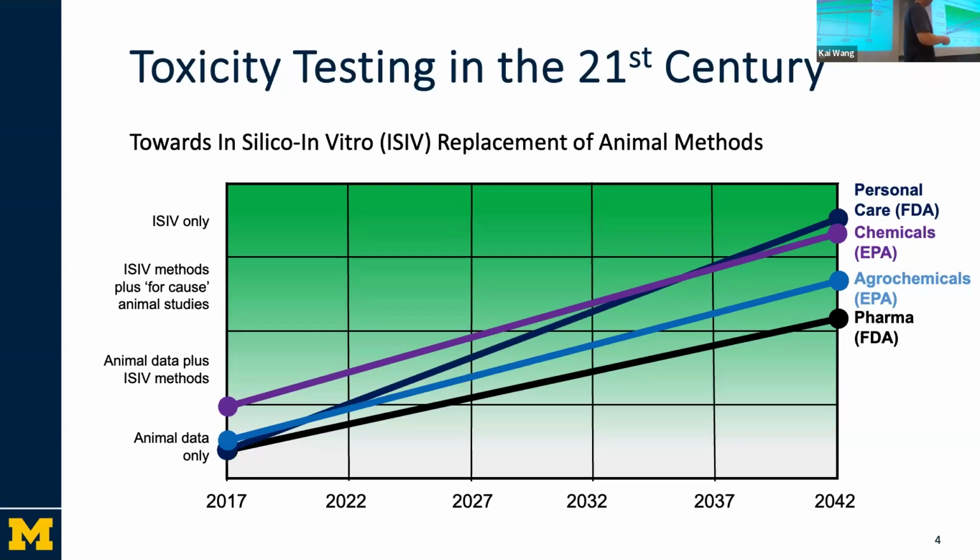This is in the US. And actually in Europe, they already set a law that for all personal care products, you can only use computational ways to test the chemicals used in personal care products.